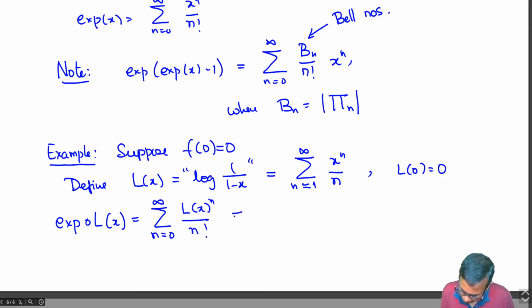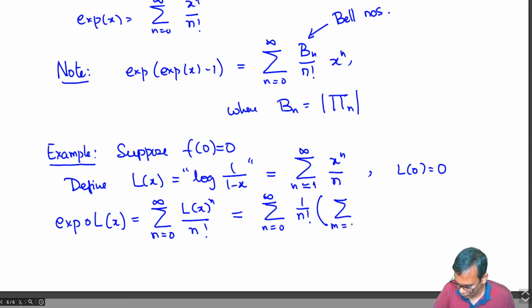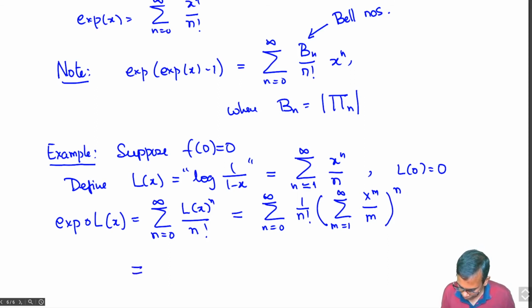Now if you try to compute this, this ends up being the sum n goes from 0 to infinity 1 over n factorial, and then if you look at this L of x raised to n, I'll just write it out: the sum m goes from 1 to infinity x to the m by m, to the power n. And if you think about what this should be, this is a sum over all m_1, m_2, ..., m_n, all possible n's.